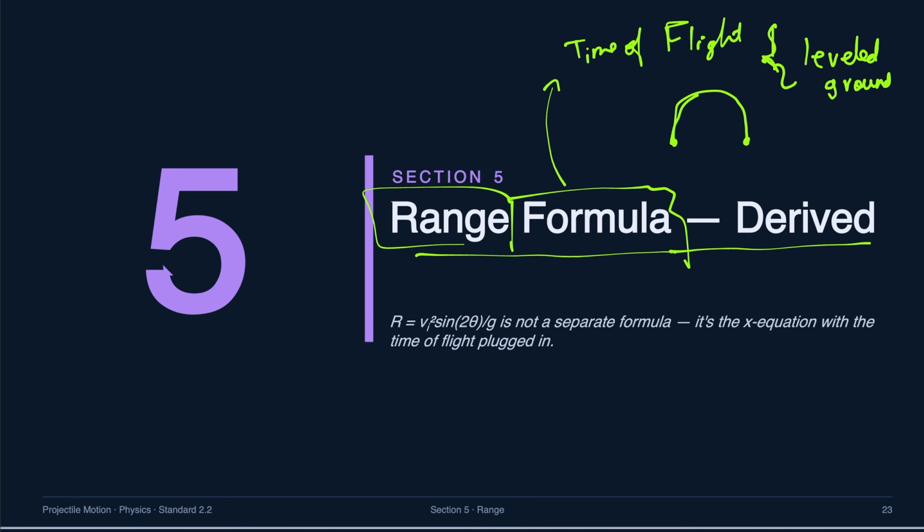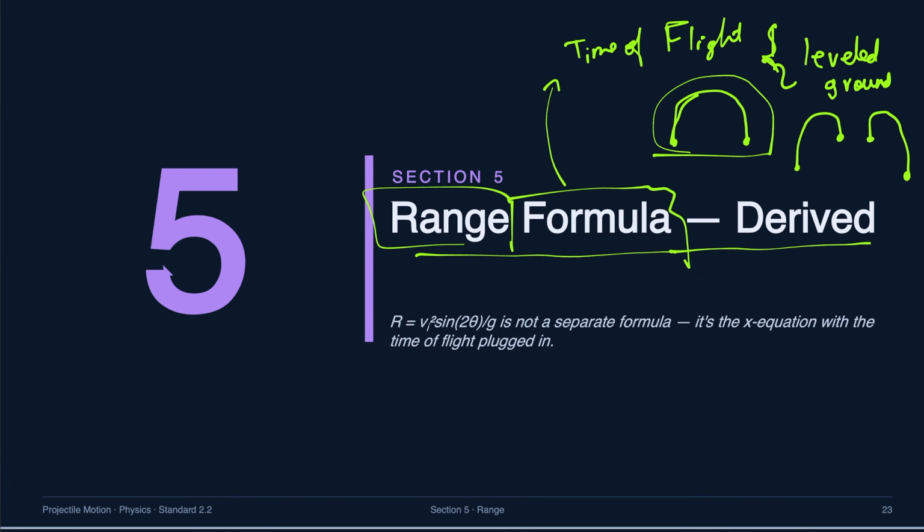It doesn't look like this, or like this. It looks like this. So that's something you want to keep in mind. If it doesn't start and land in the same position, then you're going to have to use basic kinematic equations, and it's going to be a bit messy. But this is the more general formula for level ground.